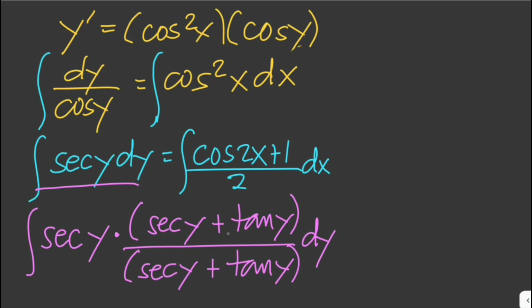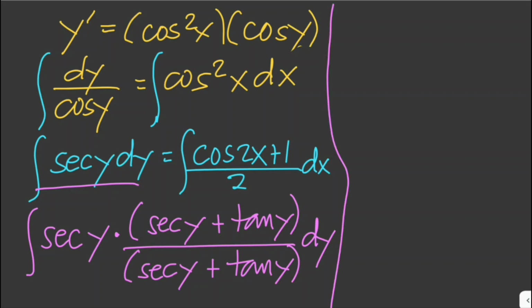Anyway, that fraction is just equivalent to 1, so it doesn't affect the original equation. And actually you can also solve this using partial fractions. You just don't change 1 over cosine y into secant y. You just multiply both the numerator and denominator by cosine y, and then you'll get the same answer.